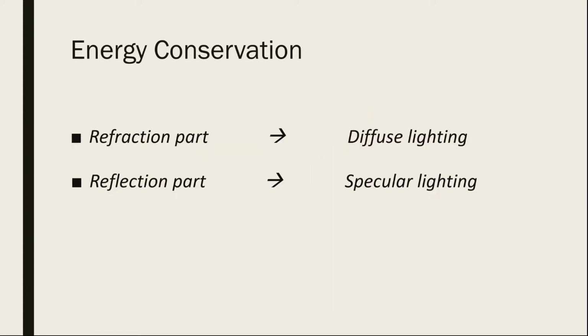The one that is absorbed into the body is called the refraction part. It makes the diffuse light, and the one that reflects away is called specular lighting. We also separate materials into two types, metallic and non-metallic, which is called dielectric.